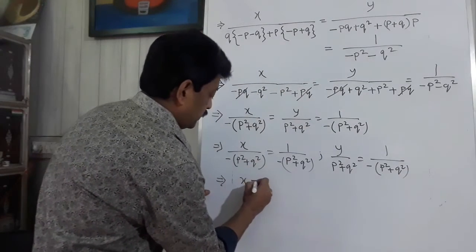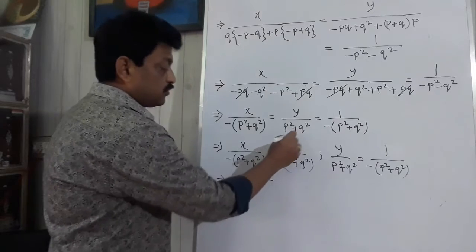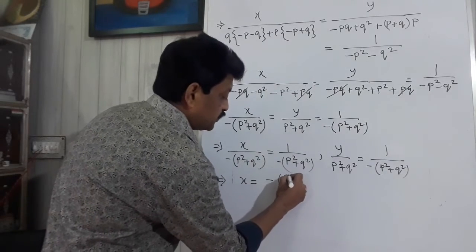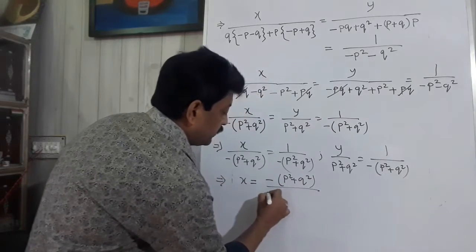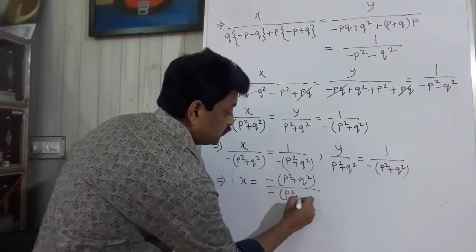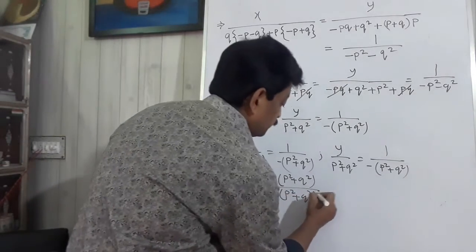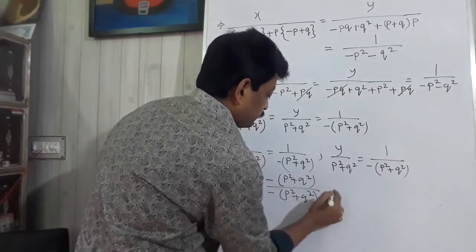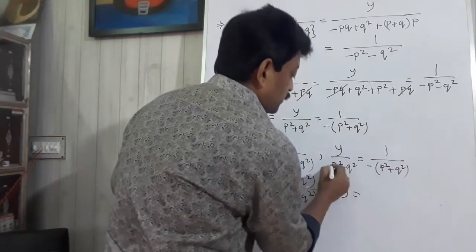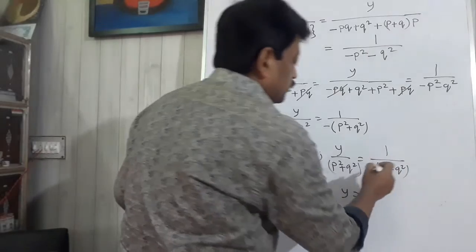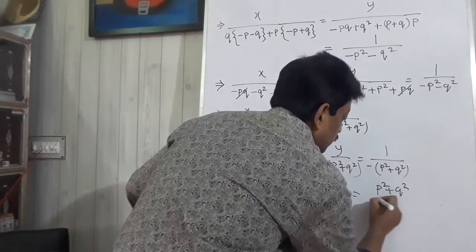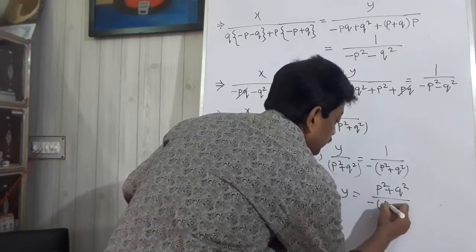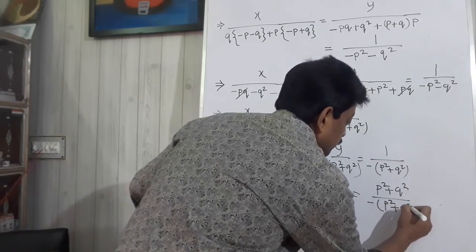So x equals to, by cross multiplication, this minus p square plus q square will become numerator divided by minus p square plus q square equals to, here also by cross multiplication will become the numerator p square plus q square divided by minus of p square plus q square.